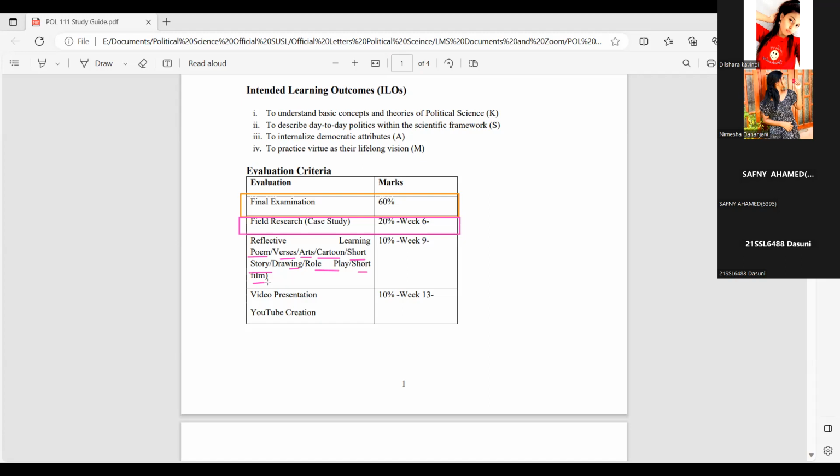Yes, sir. What is your choice? I would like short story. Short story, oh, it would be great. So I'm very happy. I cannot wait to read your short story, right? Good, good, excellent.